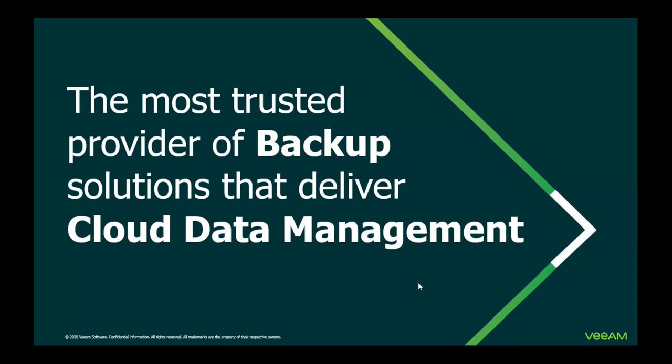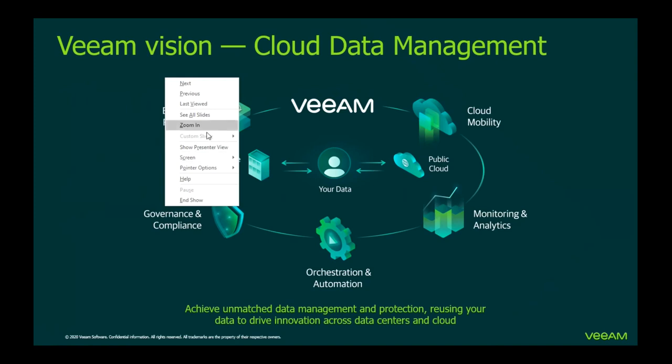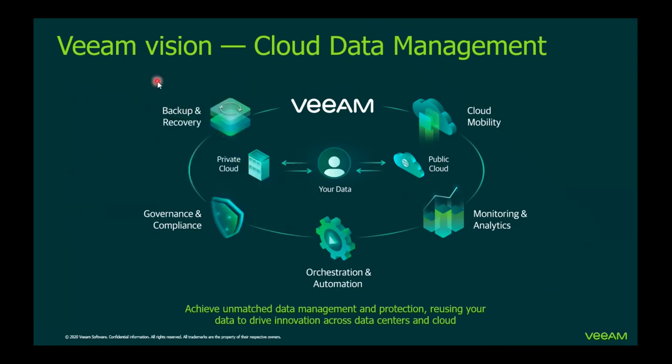So how can we do this? Let's talk about it. In today's world, if you look at this entire slide, it clearly says what Veeam can do. If you see on the top left-hand side, where my pointer is, there is a product called Backup and Recovery.